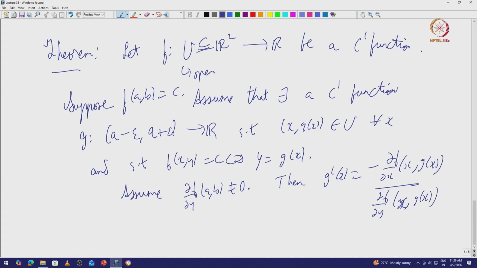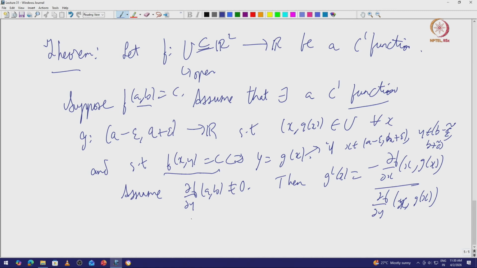So, what this theorem states is that suppose the answer to the previous question is yes, that is suppose you can solve this equation near the point a comma b, if x is in a minus epsilon to a plus epsilon and let us say y is also in b minus epsilon to b plus epsilon. Okay. So, near the point a comma b, suppose you can solve for y in terms of x in a C1 manner.